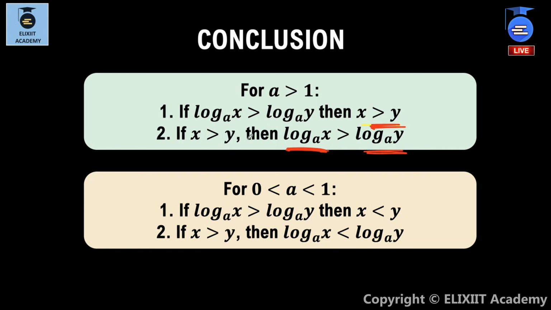Basically the same thing. For a more than 1, we have an increasing function, an increasing graph. So for an increasing graph, there is no change in the orientation. You can see that orientation remains the same. Here we have greater, so here we have greater. Orientation changes when the base lies between 0 and 1.